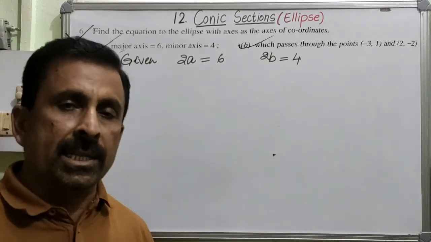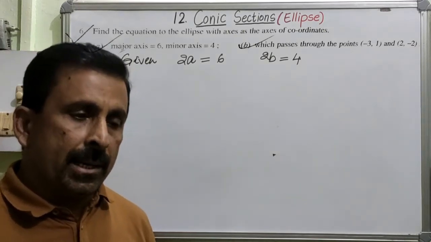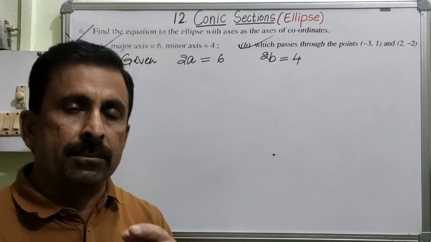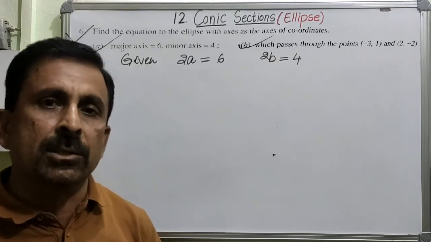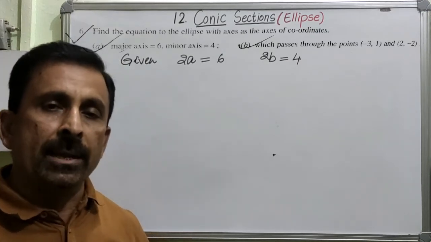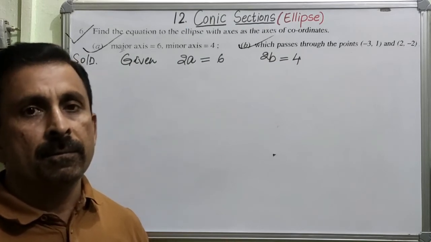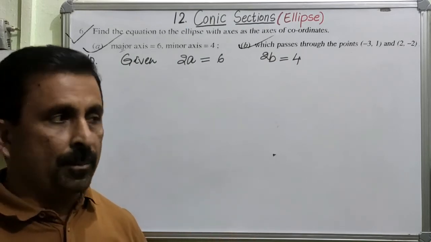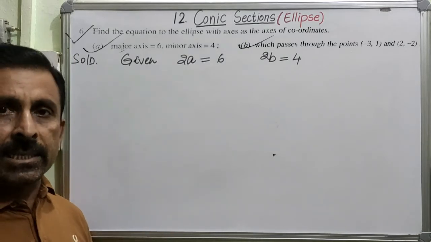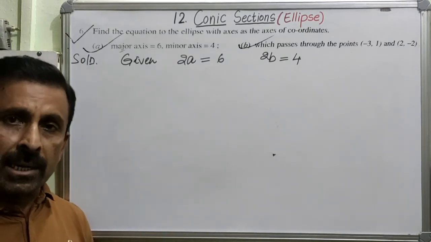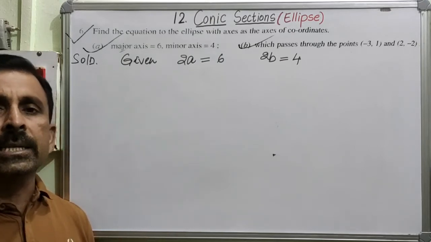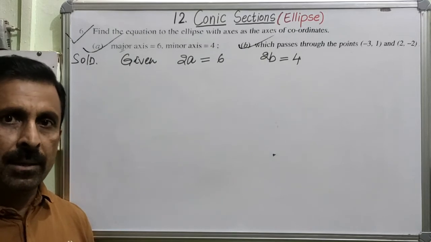In a simple way, if the bigger quantity comes below x, that represents the horizontal ellipse, and if the bigger number is under y, that indicates the vertical ellipse. Hope I am able to make it clear. When the bigger number falls under x, it represents a horizontal ellipse, and if the bigger number falls under y, it indicates a vertical ellipse. Is it very clear?